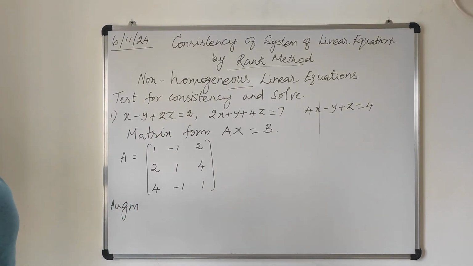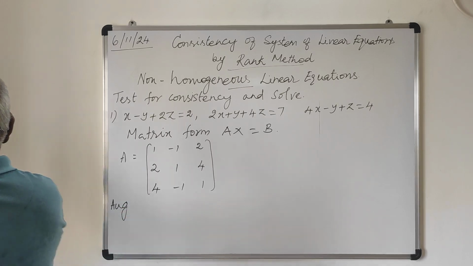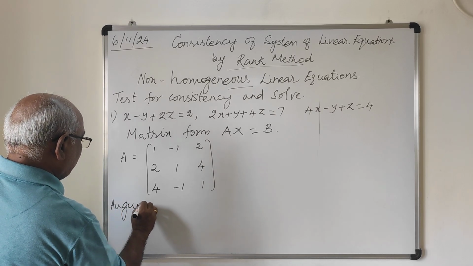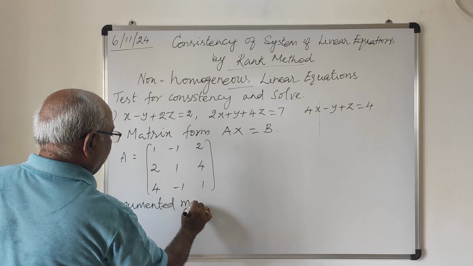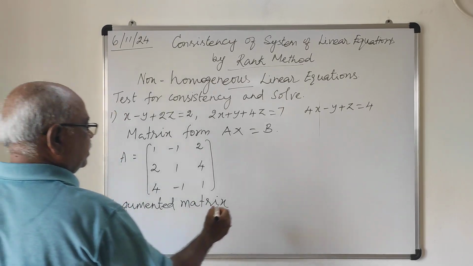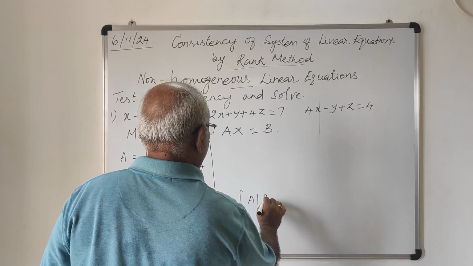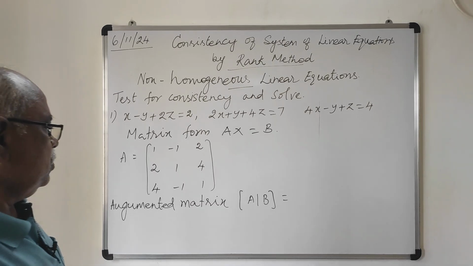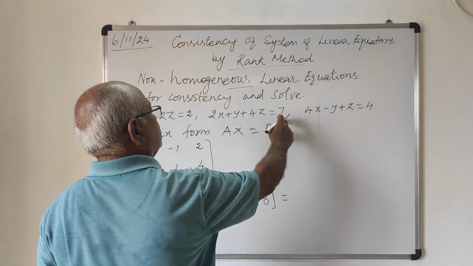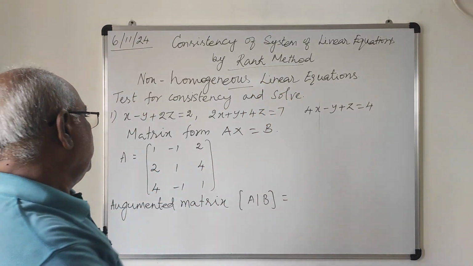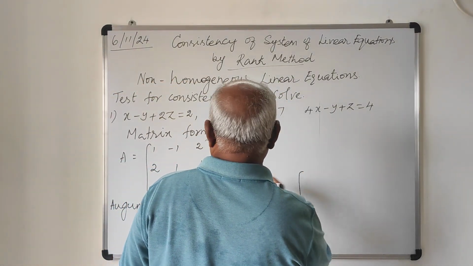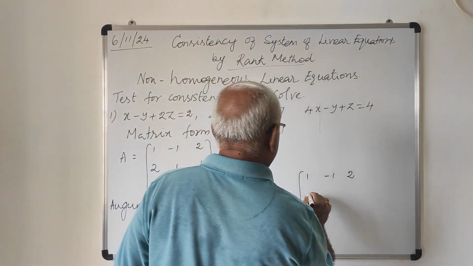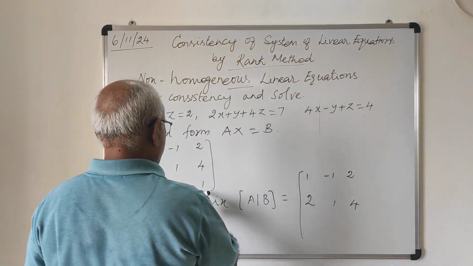The augmented matrix is defined by [A | B], A bar B. That is, we construct the matrix using the constants on the right-hand side as one extra column: 1, -1, 2; 2, 1, 4; 4, -1, 1.